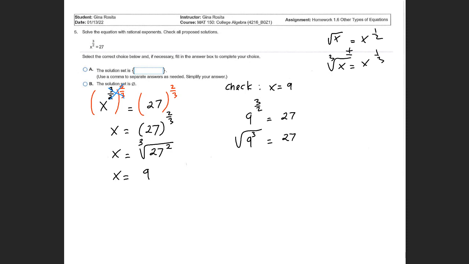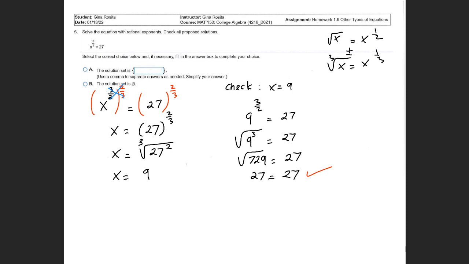So we have the square root of 9 cubed, which is the square root of 729, equal to 27. So 27 equals 27, and the check works. The answer becomes x equals 9.